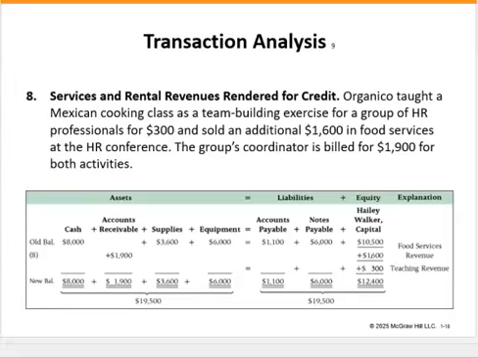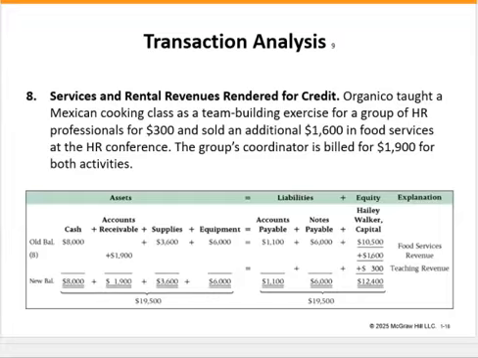So in this case, we have Organico taught a Mexican cooking class at a team building for 300 and sold an additional 1,600 in food services at the HR conference. The group's coordinator is billed for 1,900 for both services.